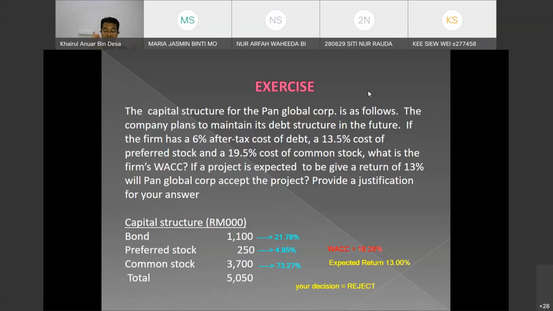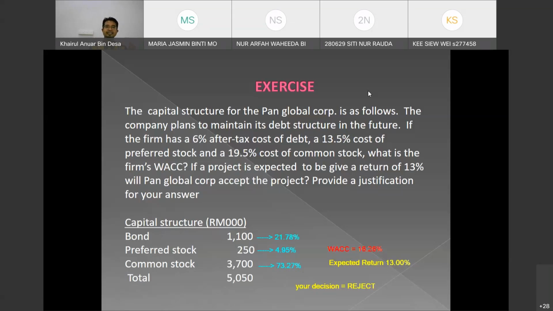This is number one. And then after we discuss individually, we want to average it. We combine them together. We call it WACC.